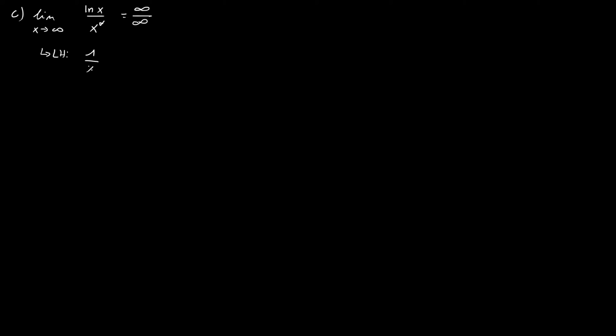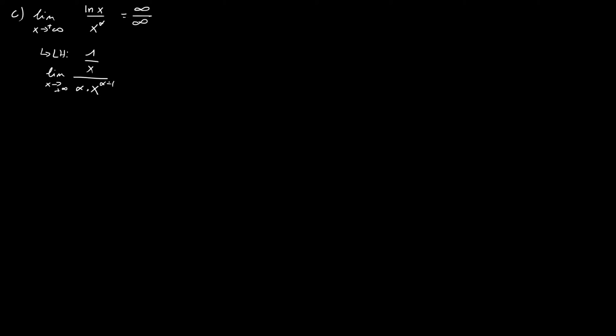And what do we get? We get 1 over x over alpha, which, because it's just a number, times x to the power of alpha minus 1. Okay, and we're interested in finding the limit of that of x approaching, I'm sorry, I forgot to write it here, positive infinity. So now you say, well, nothing really changed here, but it did.